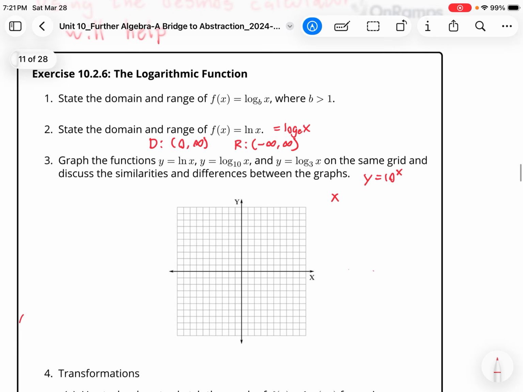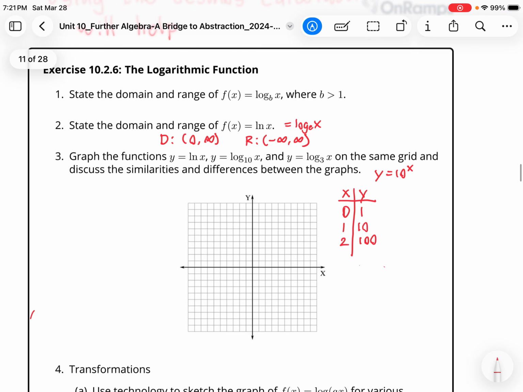So if I do a few terms like x and y, and I just start picking numbers, let me start at 0. Anything to the 0 power is 1, 10 to the first power is 10, 10 to the second power is 100.